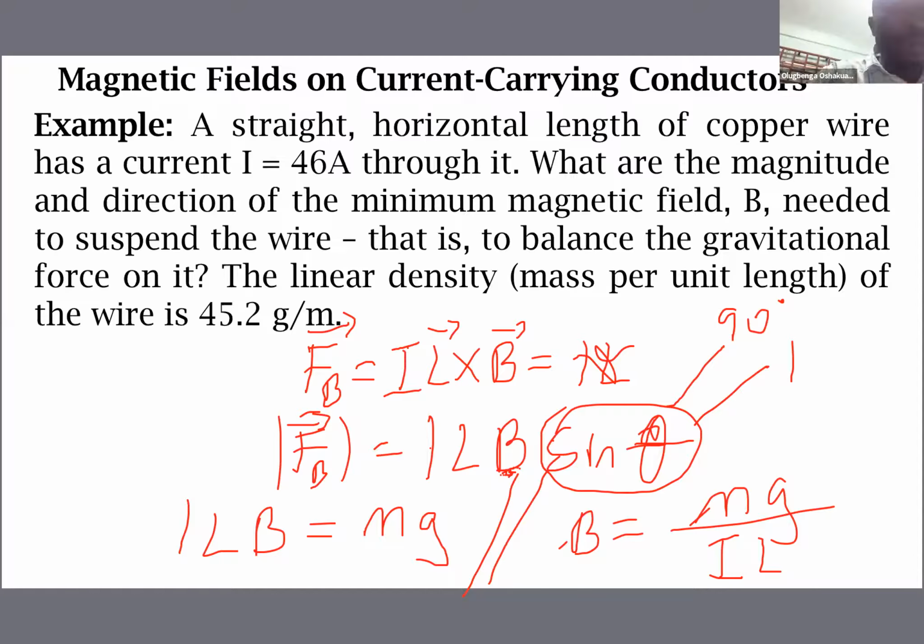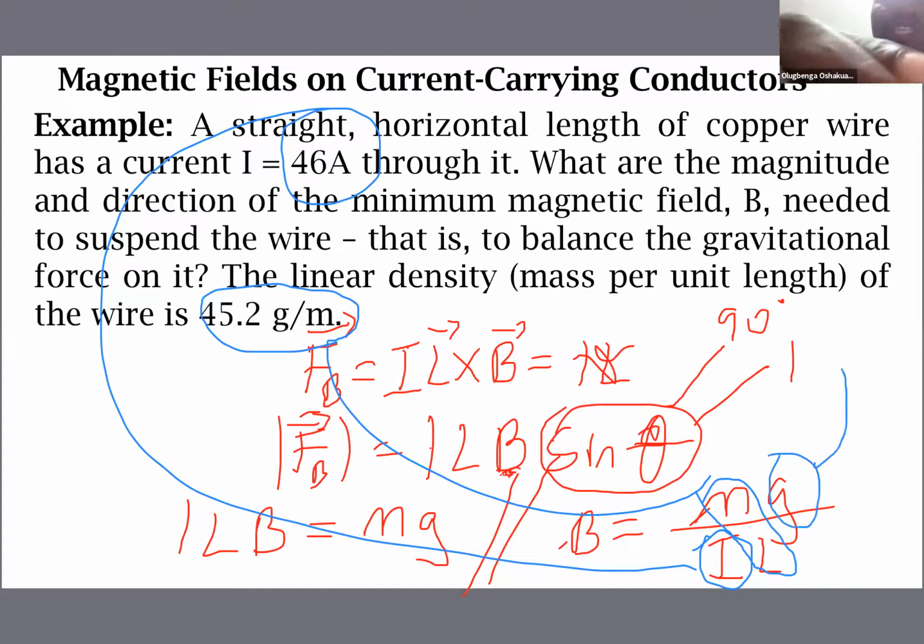And from mg over IL, we can get our M over L easily, which has been provided. We can get our I, which has been provided. And we can use our G to be 9.8 meters per second squared, acceleration due to gravity. But you just need to convert this value from gram per meter to kilogram per meter. Then you have the solution.